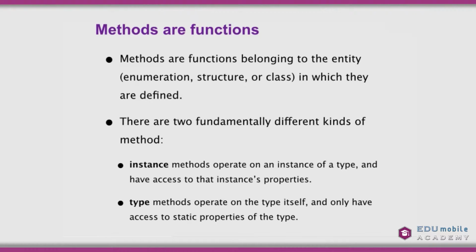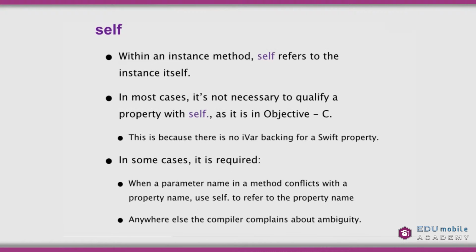There are instance methods, which, as the name implies, operate on an instance of a type, and they have access to that instance's properties, and type methods, which operate on the type itself, and they only have access to static properties of that type, but not to properties of the instance. All right, so type methods are the same concept as class methods in Objective-C or static methods in Java. In fact, we use the static keyword to define a type method.